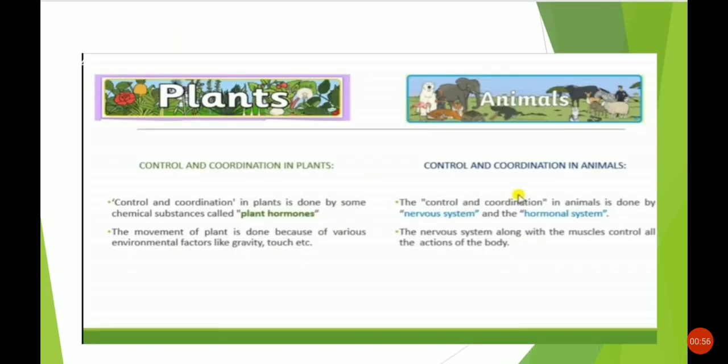See here the difference between plants and animals regarding control and coordination. In plants, control and coordination is done by chemical substances called plant hormones, also called phytohormones. The movement of plants is due to various environmental factors like gravity, touch, etc. In the last lecture we went through the movement of plants, like tropisms.